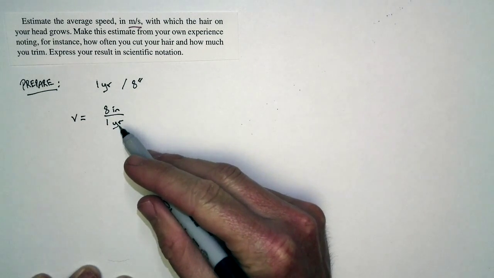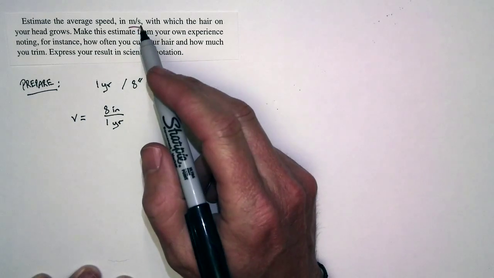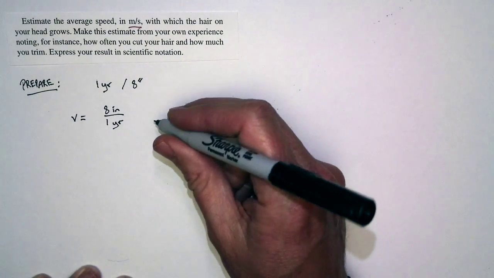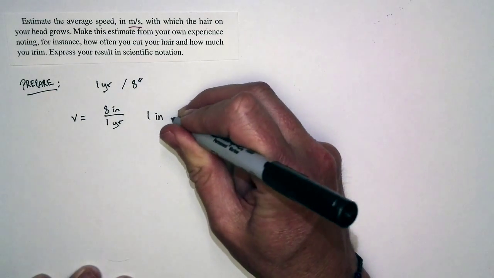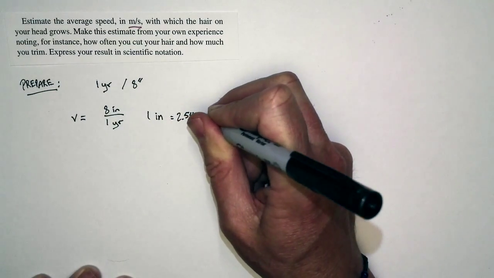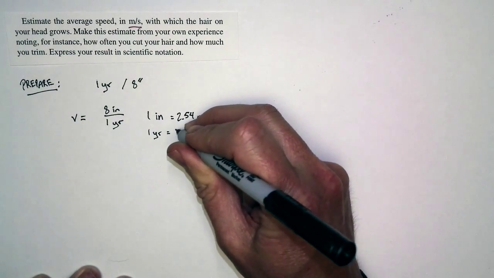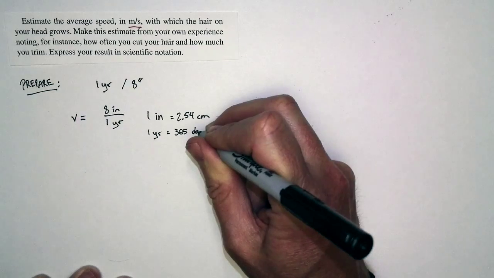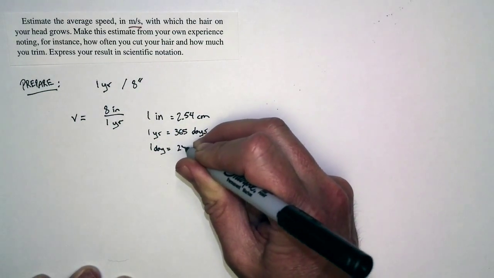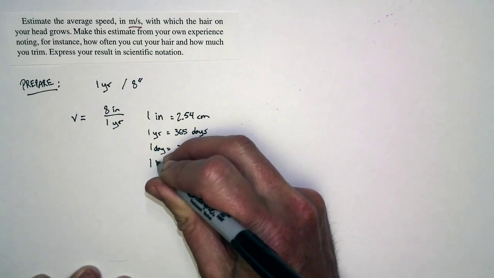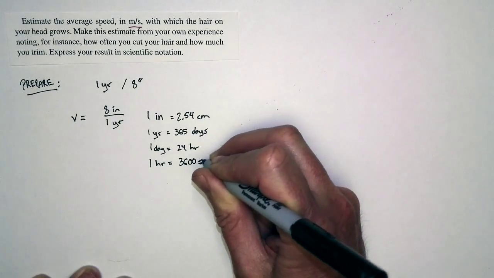But that's not the unit of speed that we want. It's a distance divided by a time, but we want to put it in meters per second. So we're going to have to do some conversions. An inch is 2.54 centimeters. 1 year is equal to 365 days. 1 day is equal to 24 hours, and 1 hour is equal to 3,600 seconds.